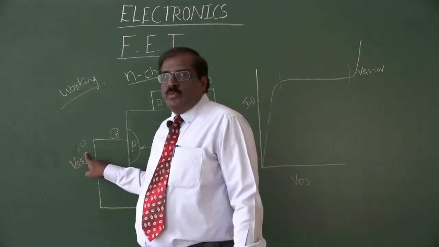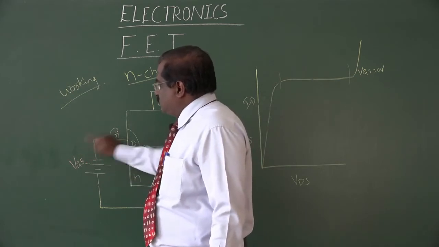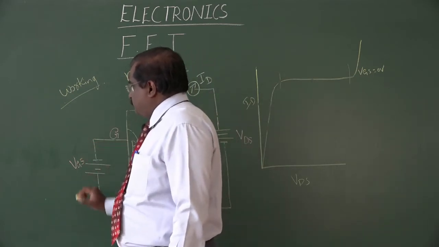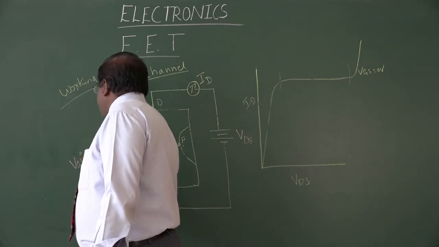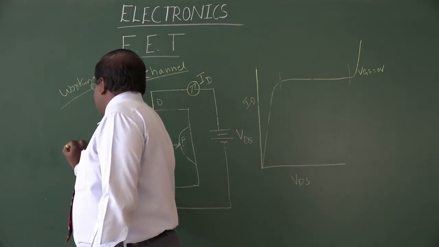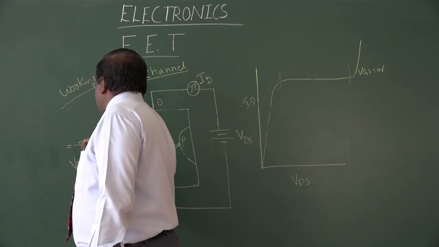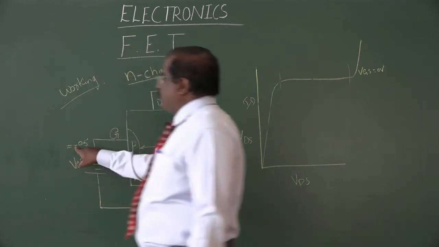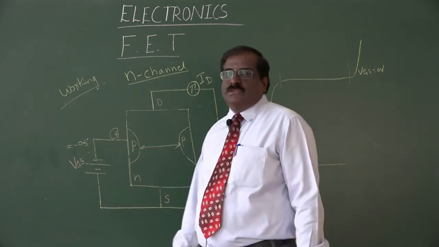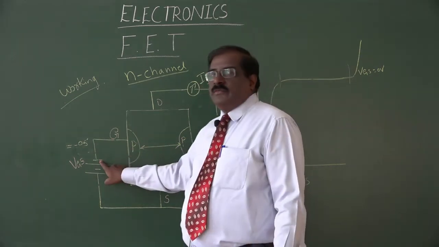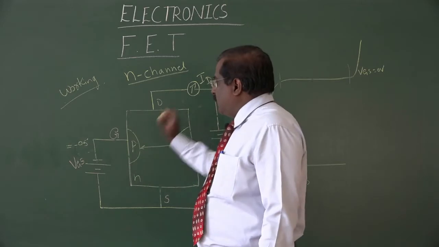Now slightly increase this voltage, VGS equal to minus 0.5. At that time there will be a formation of depletion region due to the reverse bias, because negative is connected to the P region.